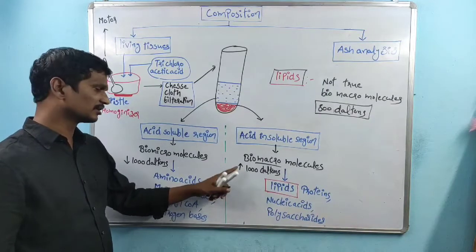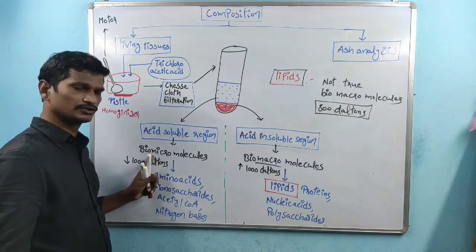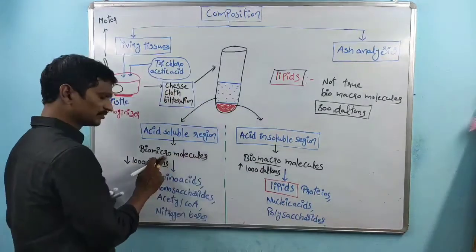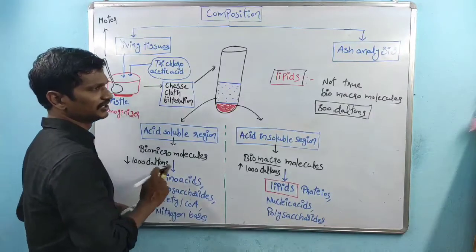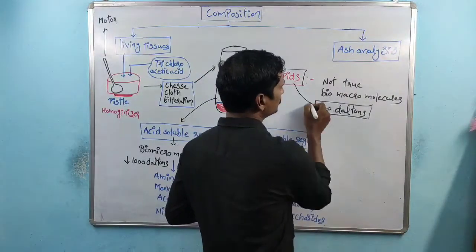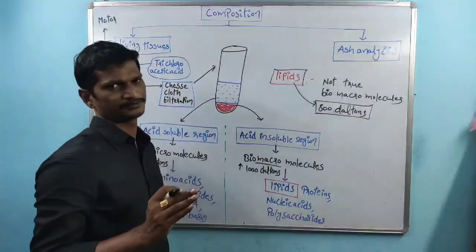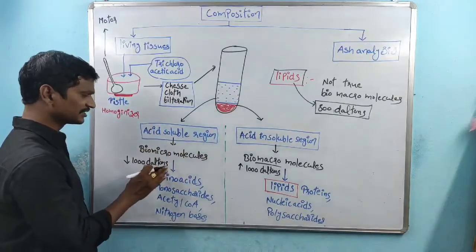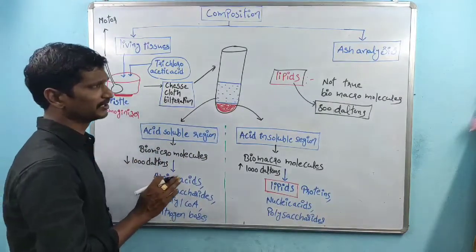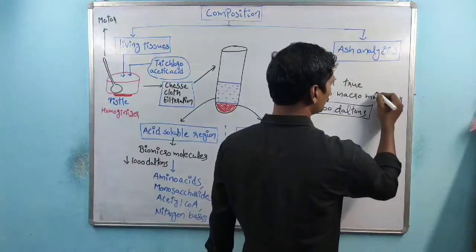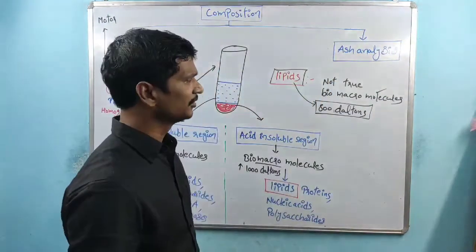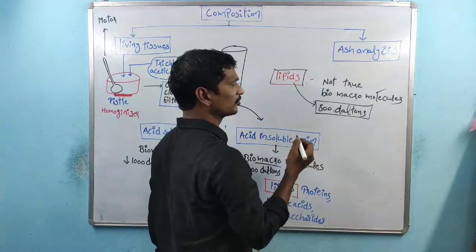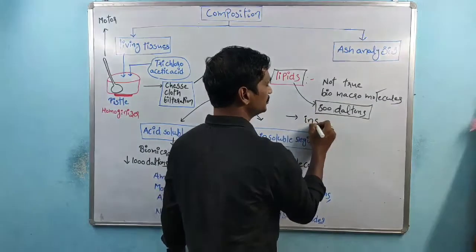If less than 1000 Daltons, they are considered micromolecules. Lipids have around 800 Daltons, so as per this statement they should be considered biomicromolecules, but they are included in biomacromolecules. So why are these considered biomacromolecules, present in the insoluble region?